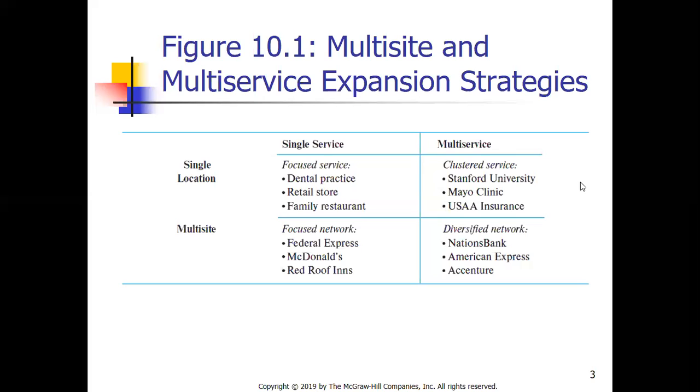So focus service is basically single location and also single service. You read both single service and single location, and that goes into the focus service quadrant. Single location with initial service concept: basically, you are offering only one service concept to your customer.